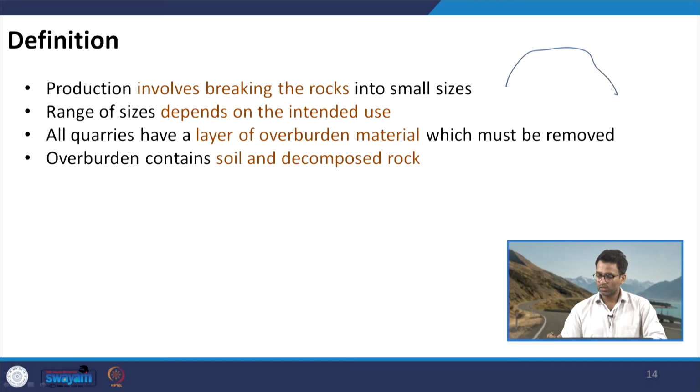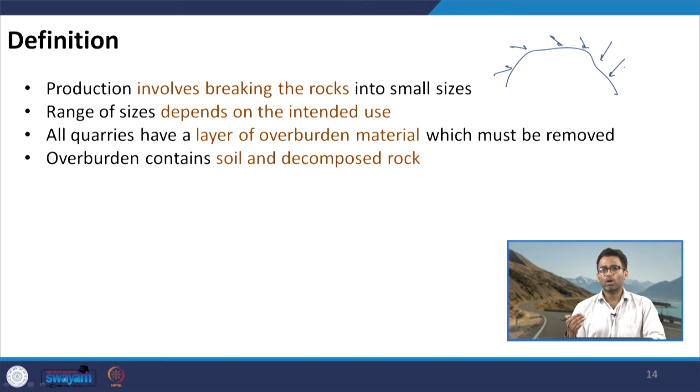will show you a typical picture of a quarry, have a layer of overburden material which first must be removed before we encounter the material which we want to use as construction aggregates. Once a rock has formed, the upper layer of this rock will be subjected to weathering action, different environmental conditions, and movement of water.